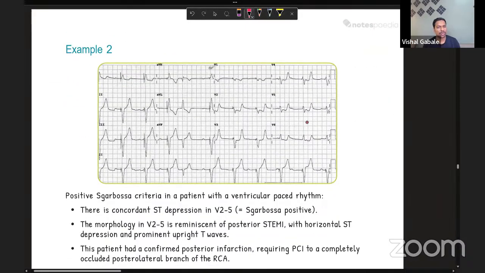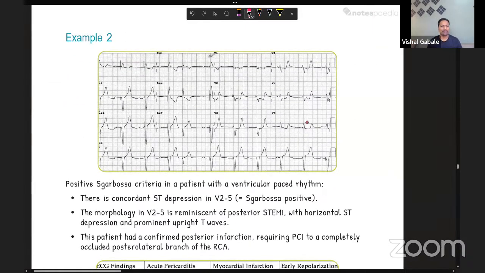There's one more example over here. You can see. Now, what type of ST depression is this? Can anybody tell? It is concordant. So if it is discordant ST depression, just write down DST. If it is concordant ST elevation, write down concordant ST elevation. Or concordant ST depression.